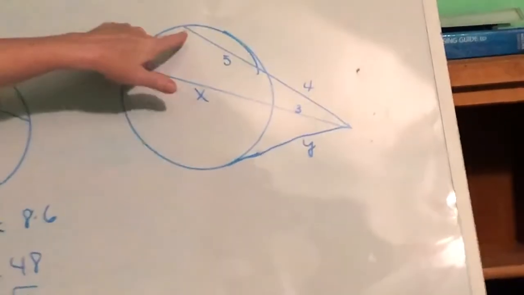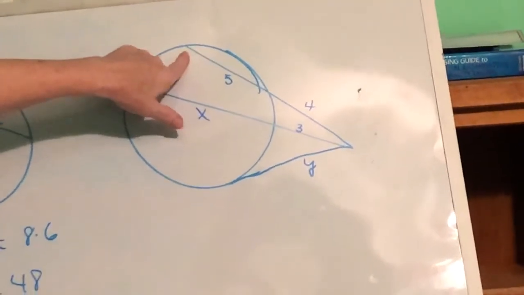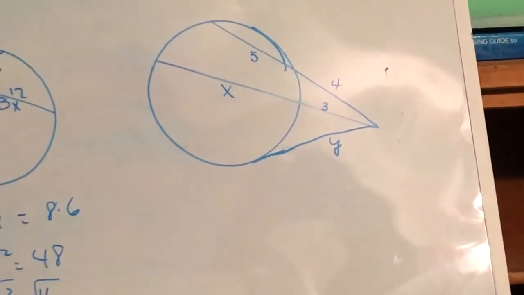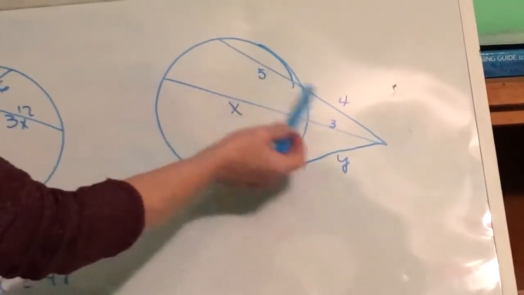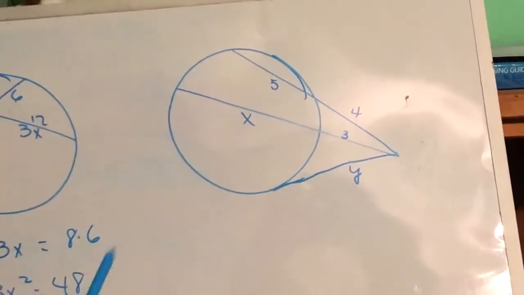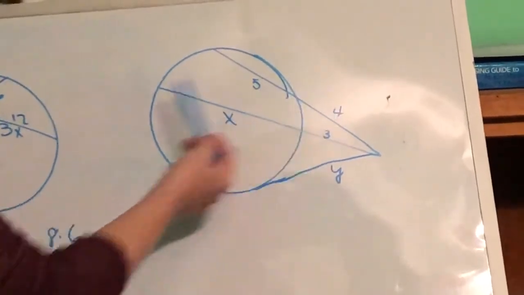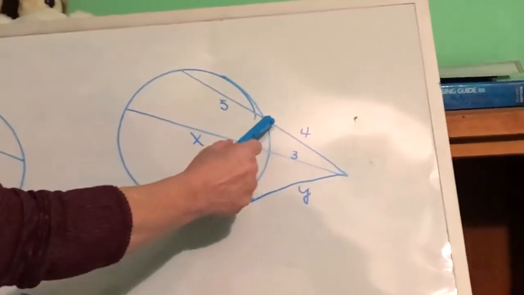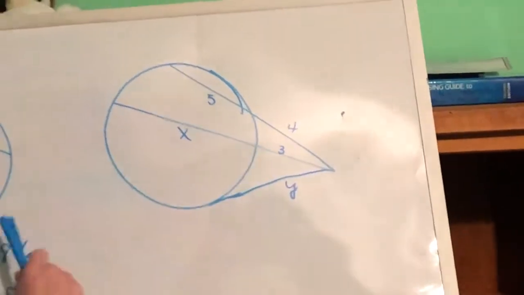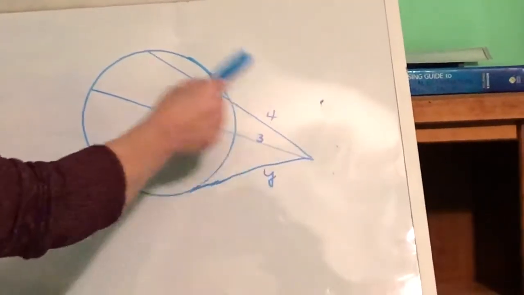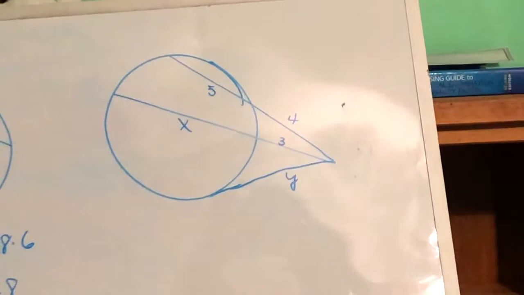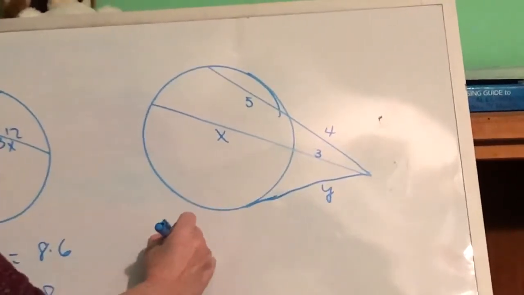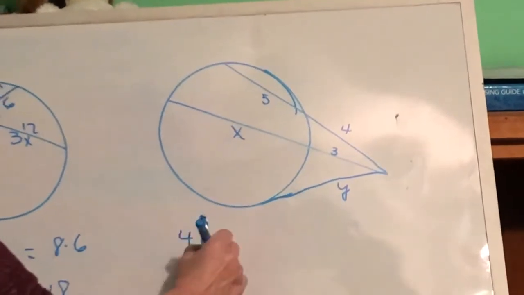A little more complicated, but not much, when we look at secants here and tangents here. Remember that secants begin on the circle, but they extend outside. So let's focus first on the two secants. If we want to find pieces of secants, the rule here says that the external part is multiplied by the entire part of the secant. So I'm going to take the 4 from outside and multiply it.